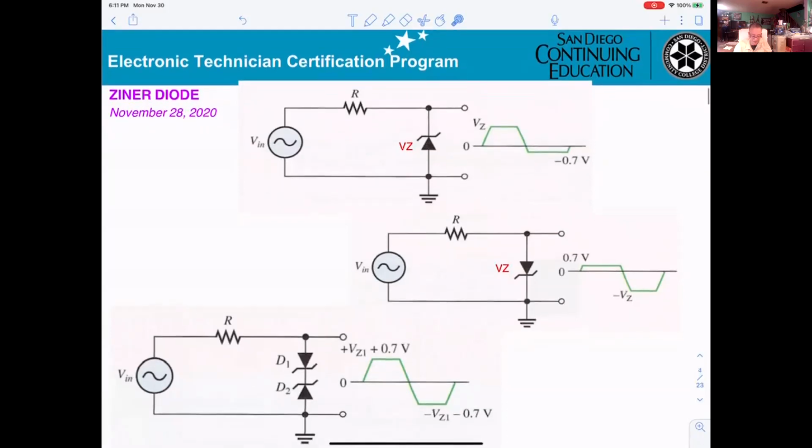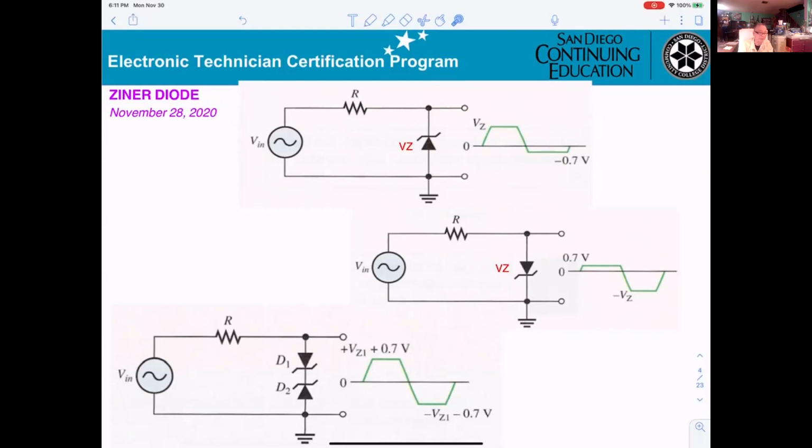And now you can see the last example here. They have two Zeners, D1 and D2. If D1 breaks down, then D2 will be on normally. On the other side, if D2 breaks down, then D1 will be on normally.